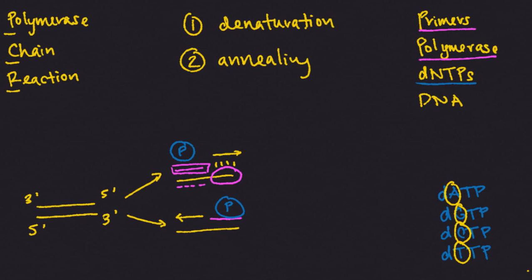So essentially, that process, the third and final step of the PCR reaction, is called elongation. And so this polymerase is able to move in this direction, adding nucleotides to the DNA.